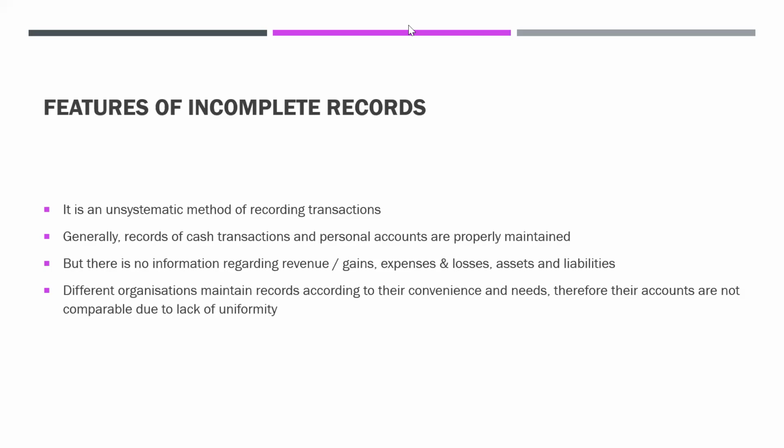Different organizations maintain accounts according to their convenience and needs. Therefore, their accounts are not comparable due to lack of uniformity. Now, when we talk about books of accounts, we know the journal will be maintained in the same way. The same rules will be applied in every business.